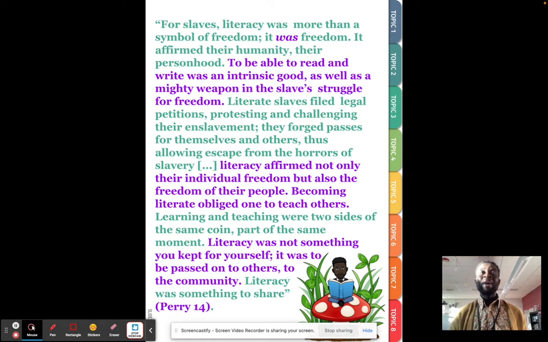And so, whenever I teach, I keep that in mind and I try to express that as much as I can to students. Reading and writing is important for the sake of being able to read and write, but it's additionally important because it's a way in which people have sought out freedom and have made themselves knowable to the world.